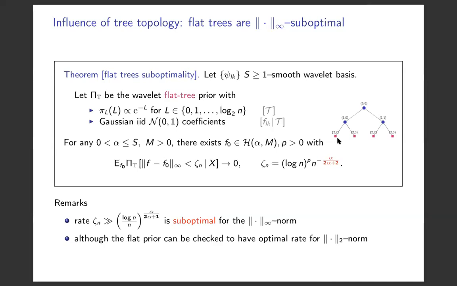With this prior, the adaptation is good in L2. You can show that you are optimal up to logs in L2, but you are suboptimal in the sup-norm. Meaning that you have to be careful: sup-norm adaptation is more difficult, and you need enough flexibility in the prior to be able to get it.